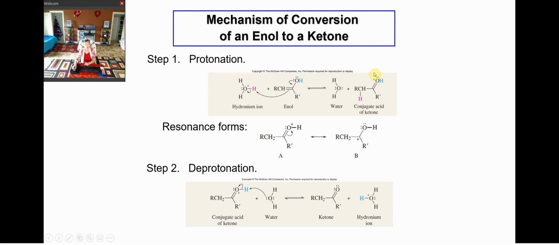So you essentially form a positively charged conjugate acid of your enol. This form is a conjugate acid of this enol. All these positively charged ions, you have a positive charge. Obviously, it won't be stable.